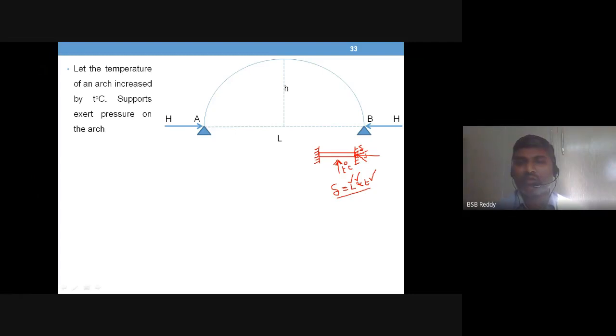So this support is offering a resistance, let us call it R. This is the resistance from the support, because the member is trying to elongate and the support is not allowing it.